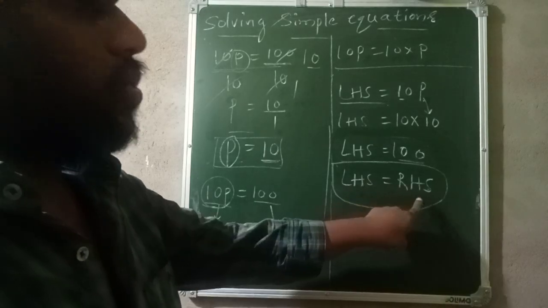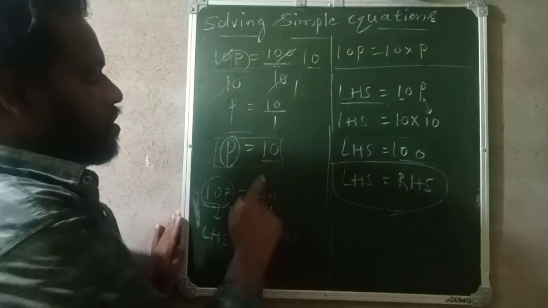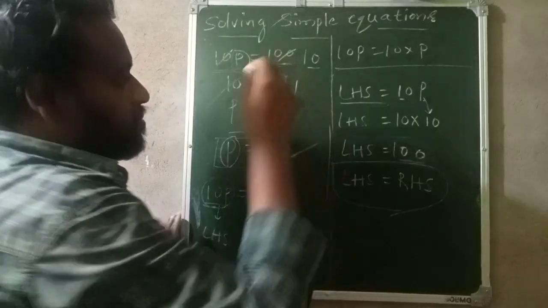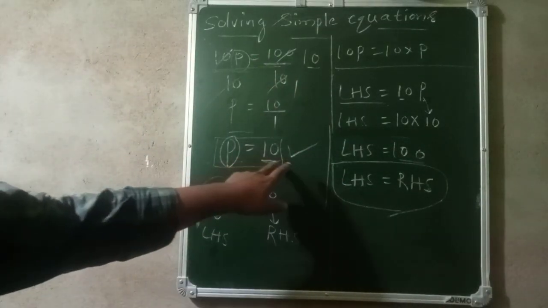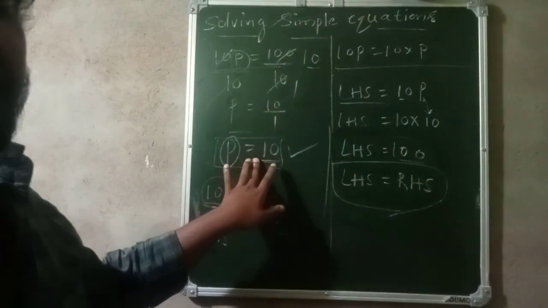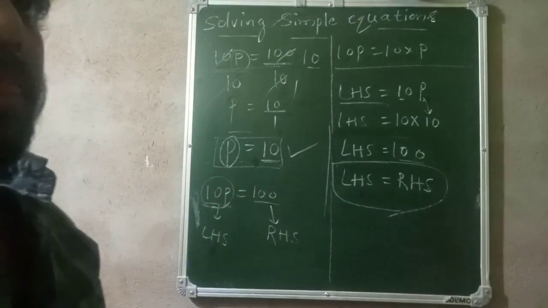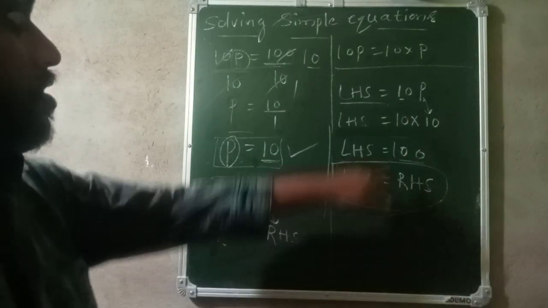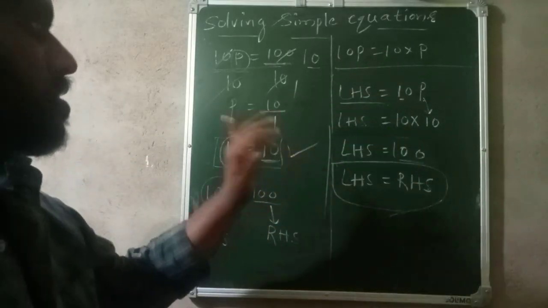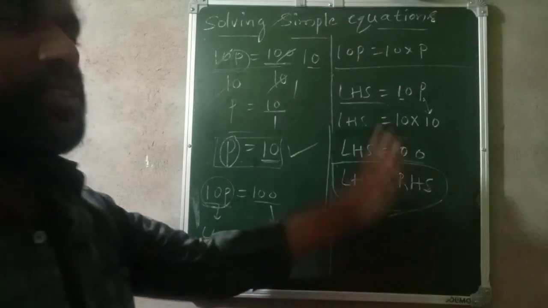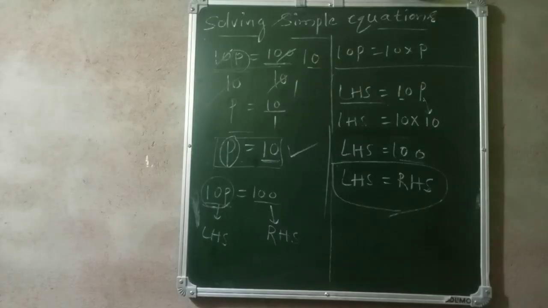When LHS is equal to RHS, that means this answer is correct. This answer is correct because we got LHS is equal to RHS. Like this, you can check whether the answer is correct or not. This is the process to check. Next, I will take another example.